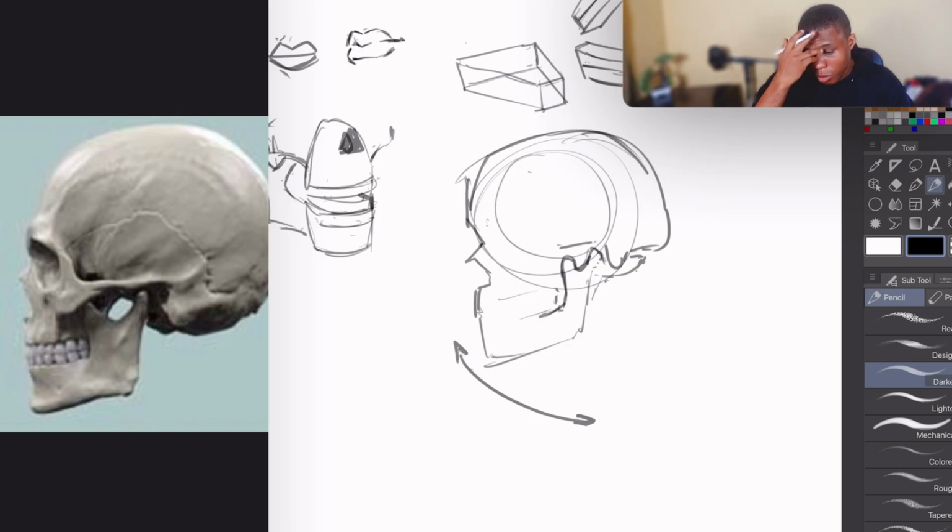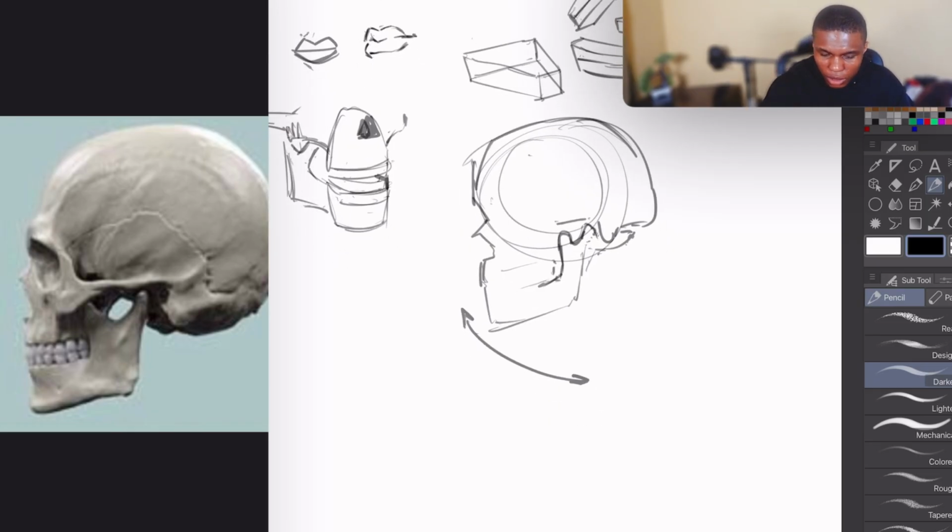But the mistake some people make is that when they are drawing it, they separate the parts.